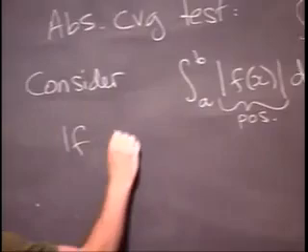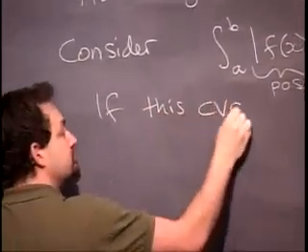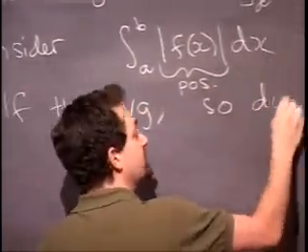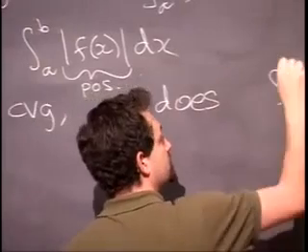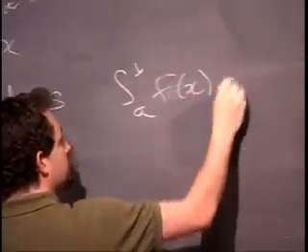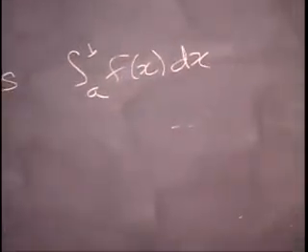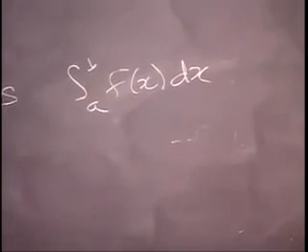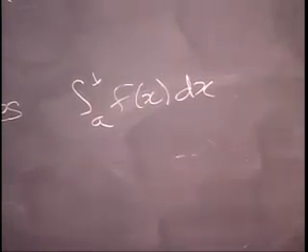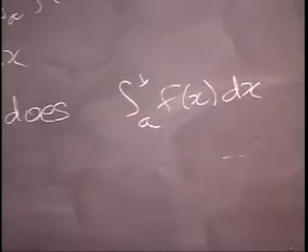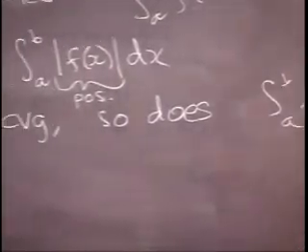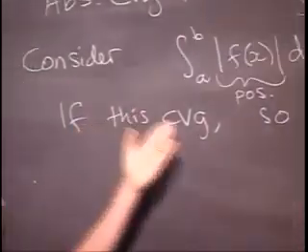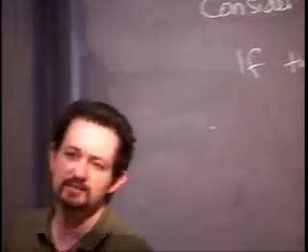If this converges, so does the original integral. That's what the test says. If the new integral converges, then so does the original one. However, if the new integral diverges, you don't know anything. It doesn't tell you anything.